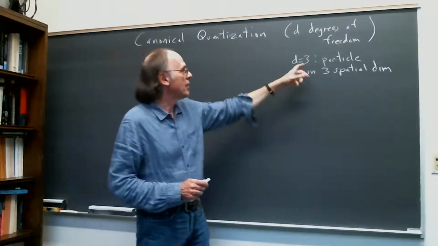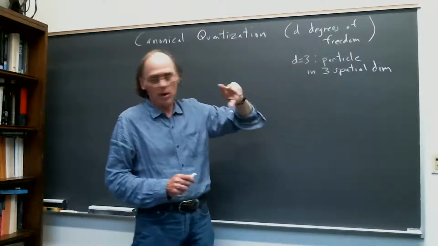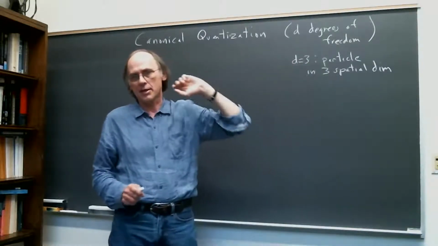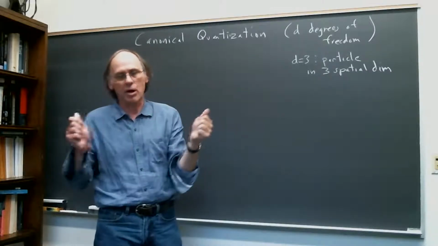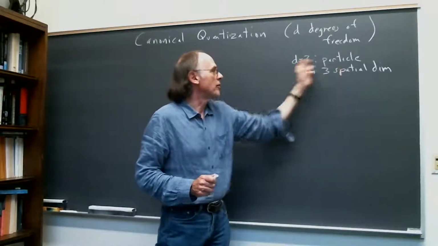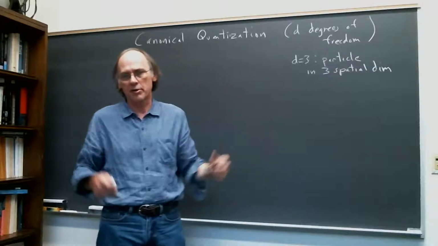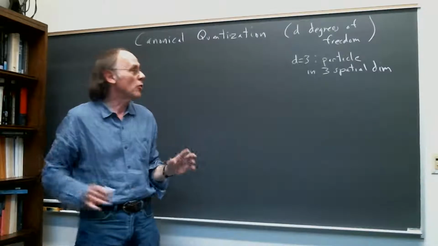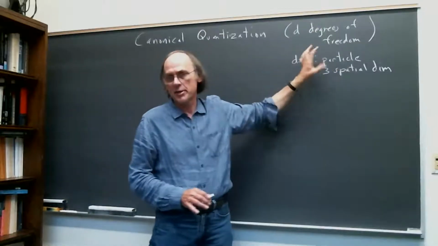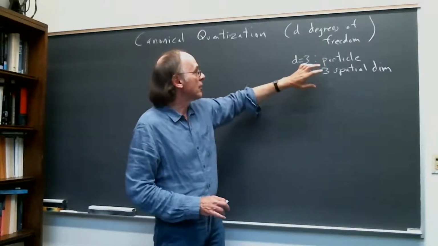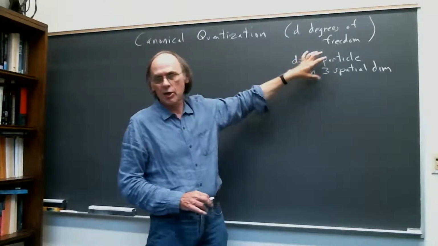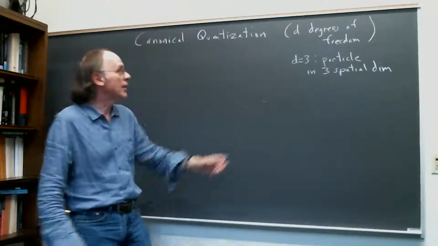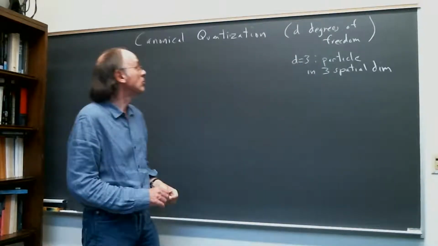If you have 2 particles, instead of d equal to 3, you'll have d equal to 6. For each particle, you've got 3 directions it can move, and so now you've got 6 degrees of freedom. So the formalism that we're going to develop here works with an arbitrary number of degrees of freedom, and the simplest case is a single particle where d is equal to 3. But if you have n particles, it'll be 3n.